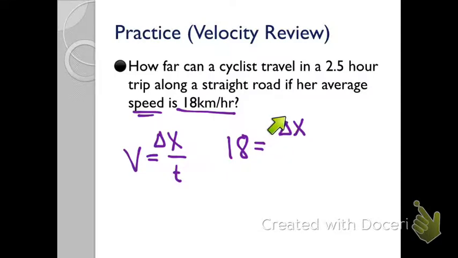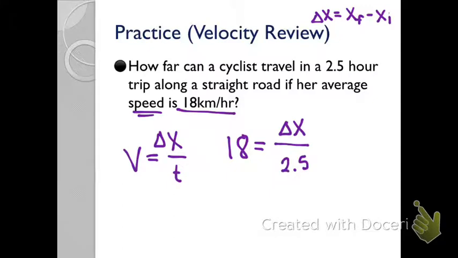The triangle is called delta, and that means change in. Really what the delta means is final minus initial. So delta x, or change in displacement, means x final minus x initial. That's really all that means. And we're going to use that delta a lot. I should have been more explicit about that earlier, but it's change in position over time.